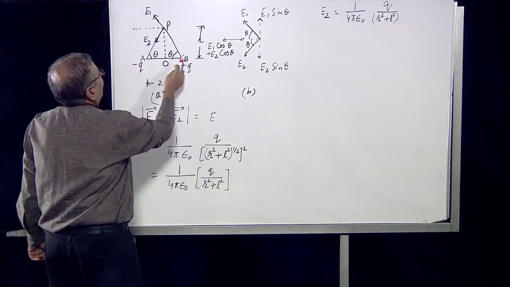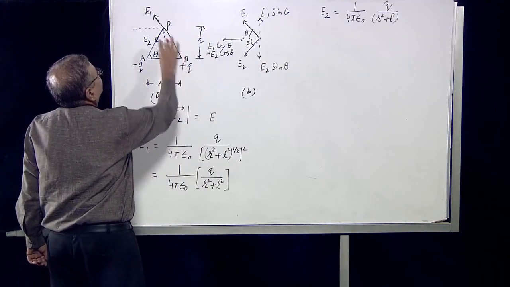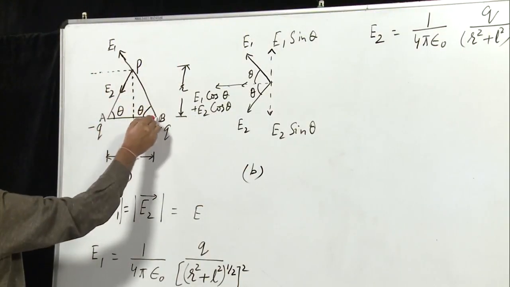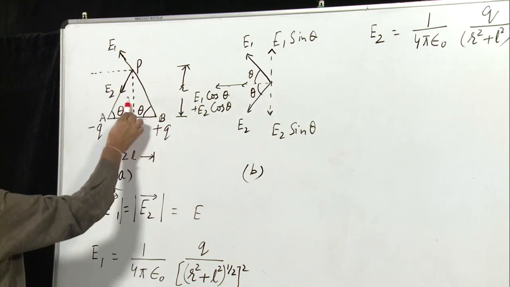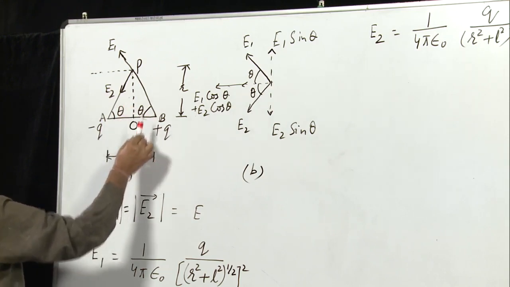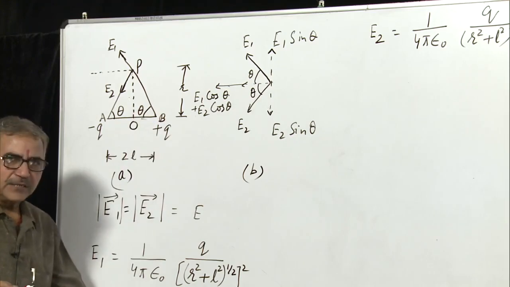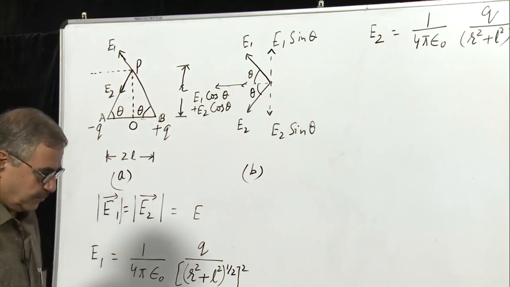So this is L and this is R. We are supposed to calculate BP and AP. BP will be equal to r square plus L square under root. When we take the square of under root, it is simply r square plus L square in both the cases.